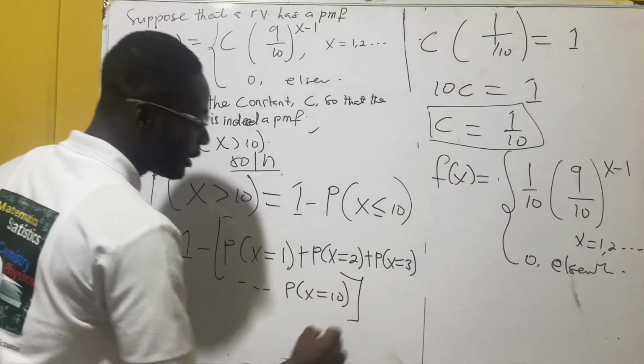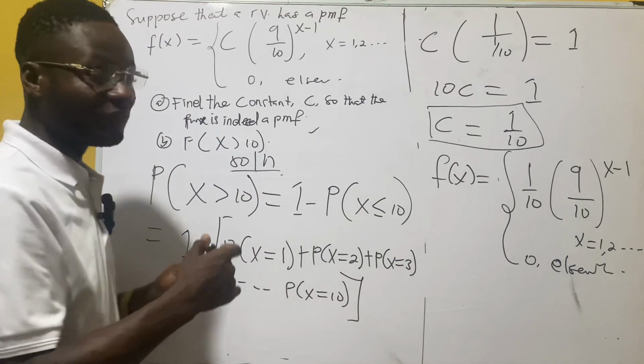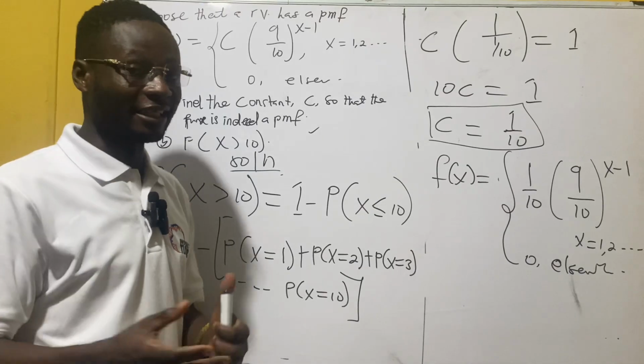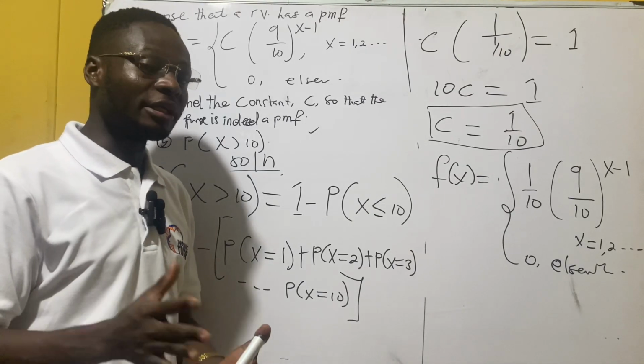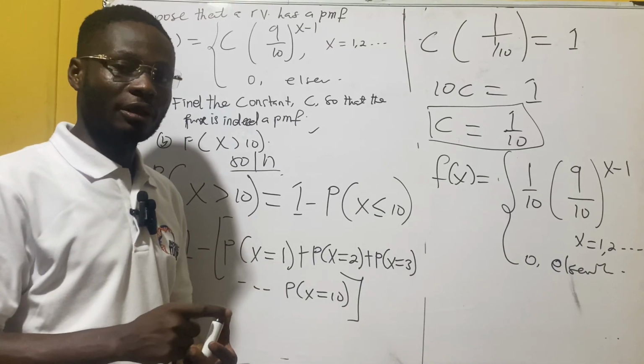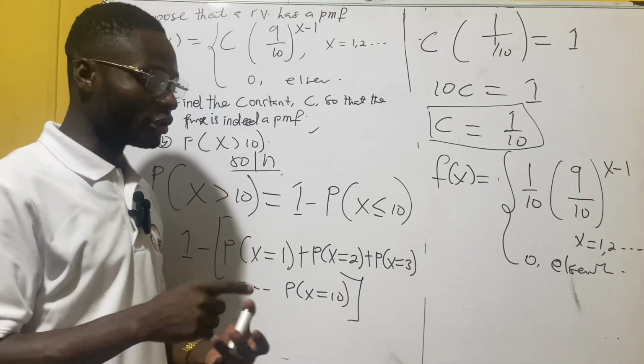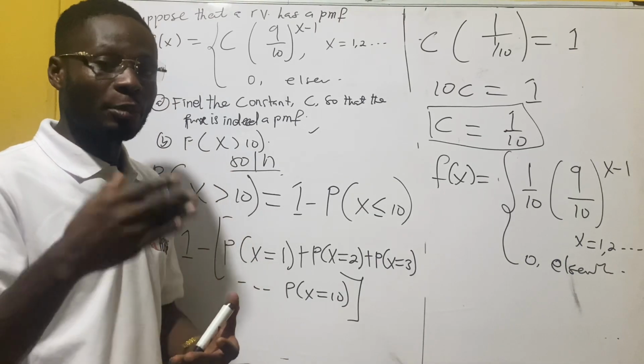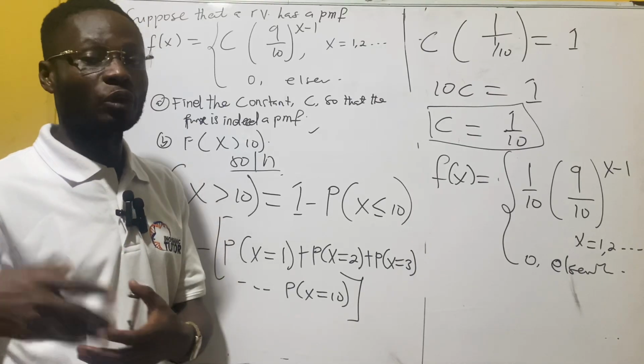We can't find the probability of x greater than 10 directly, so we take the complement: 1 minus the probability of x less or equal to 10.